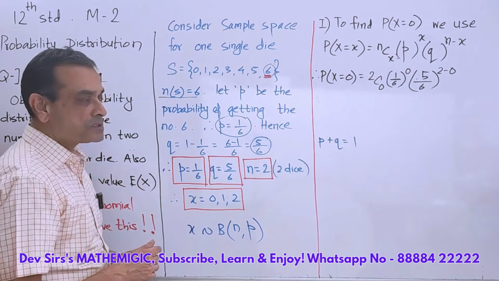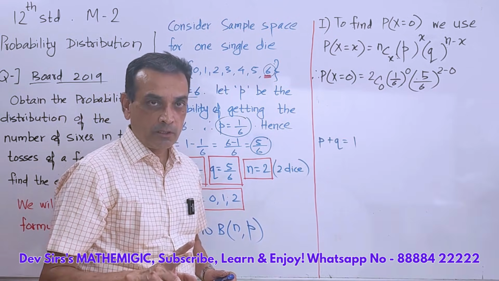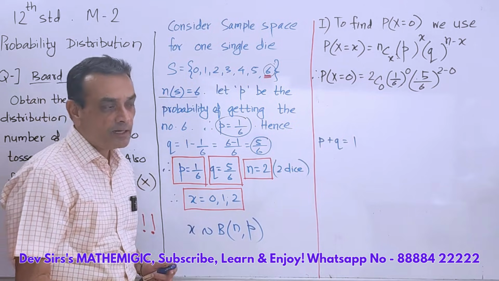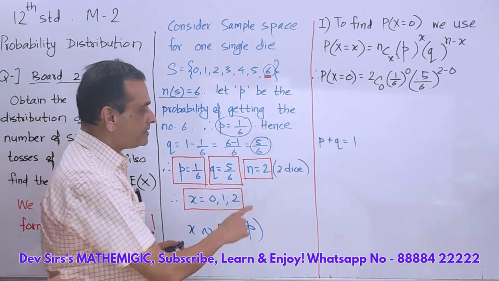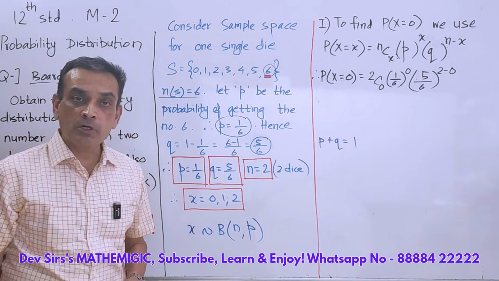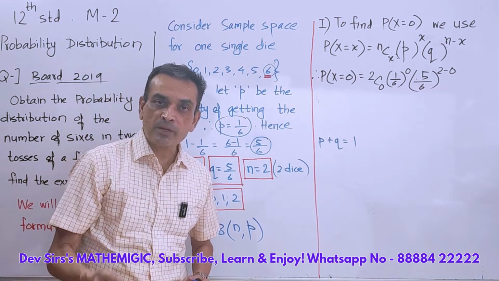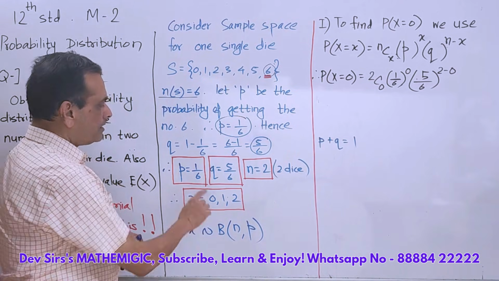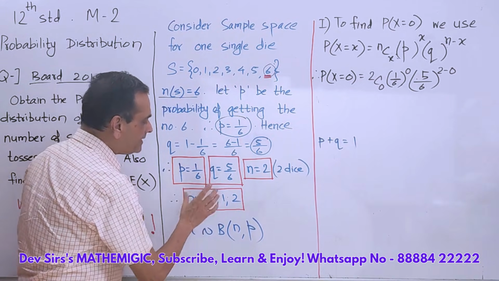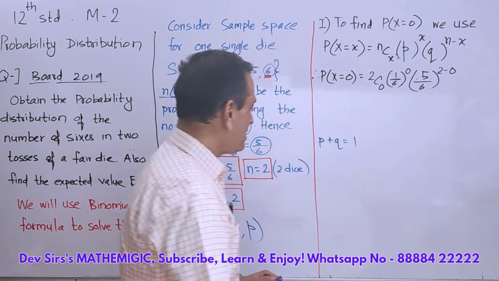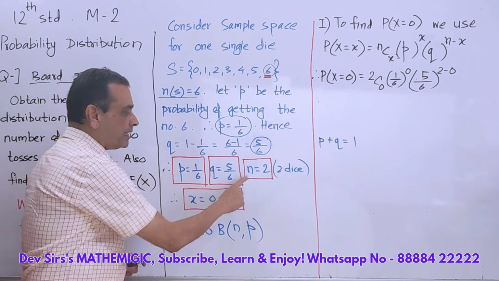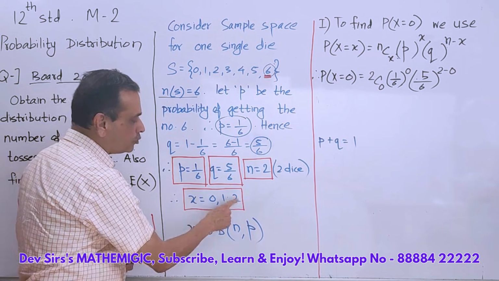Now, since two dice are thrown, or a single die is thrown two times, that means n equal to 2, because you are carrying out the experiment two times. After writing p, q and n, the important thing is to write the values of X. Remember, if n is equal to 2, X always begins with 0, 1, 2.